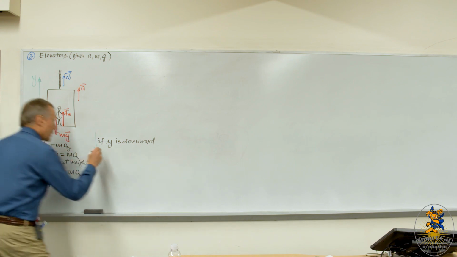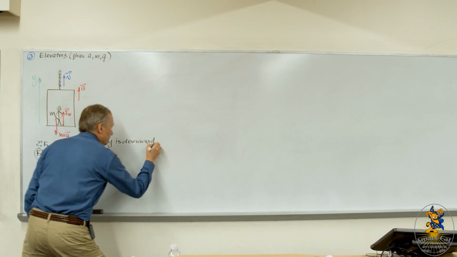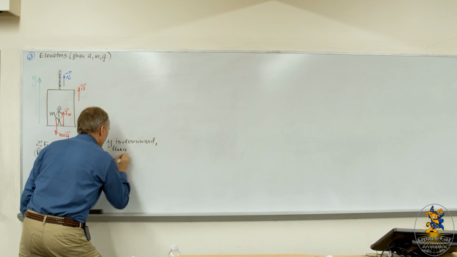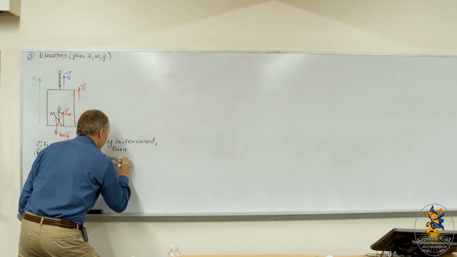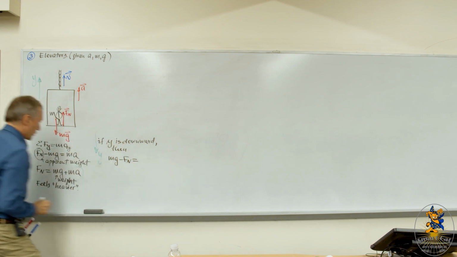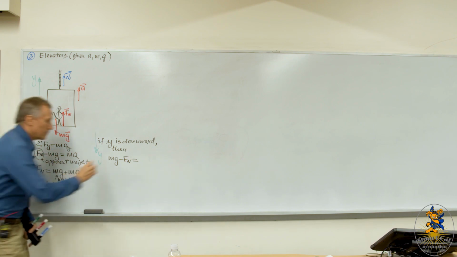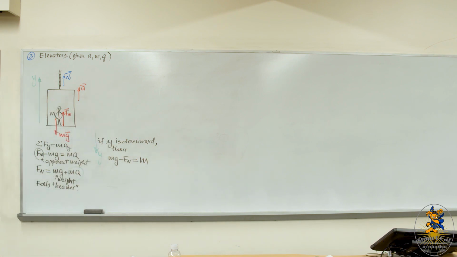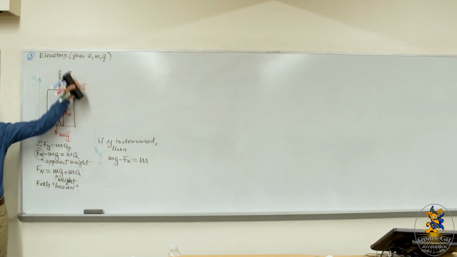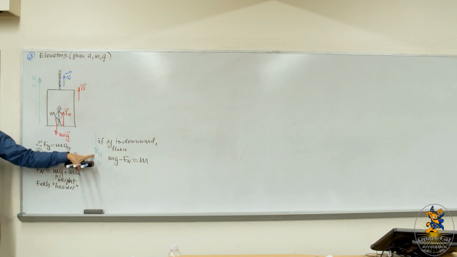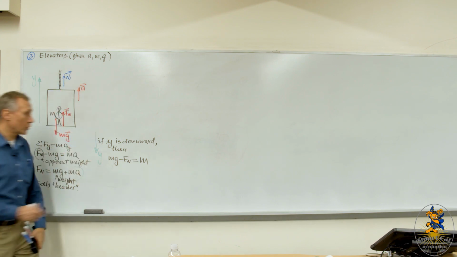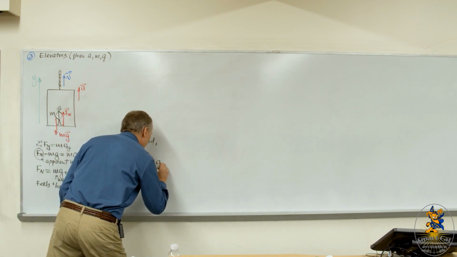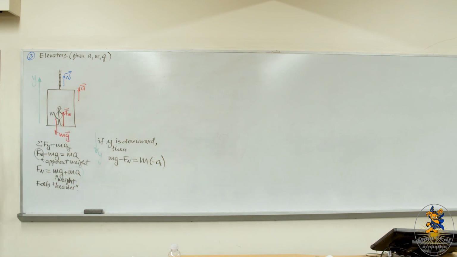So it will be mg minus Fn equals ma. And what about acceleration? Acceleration is negative, because acceleration is up, and relative to this direction it would be negative. So if you don't include that minus, of course, you will get some bizarre result.